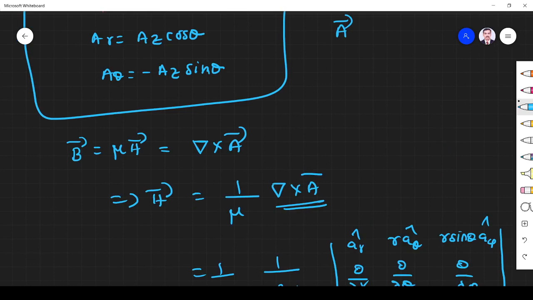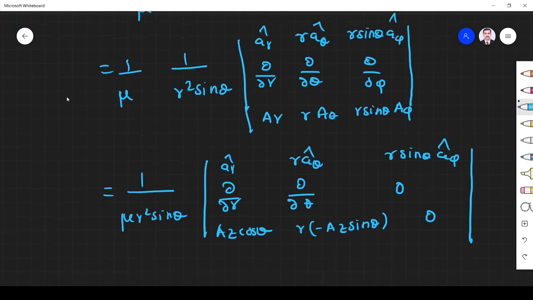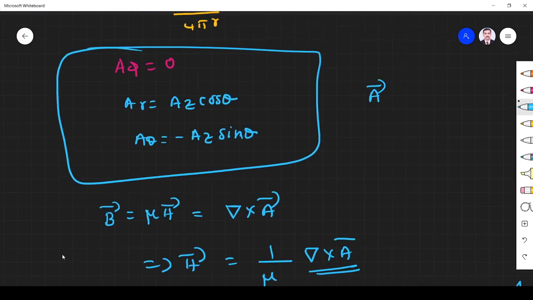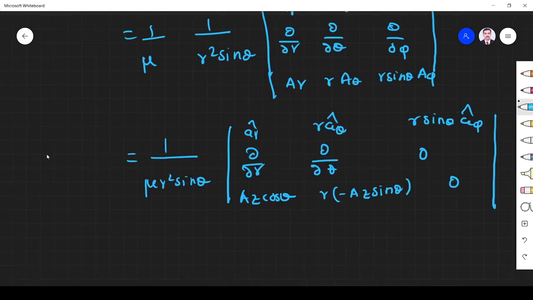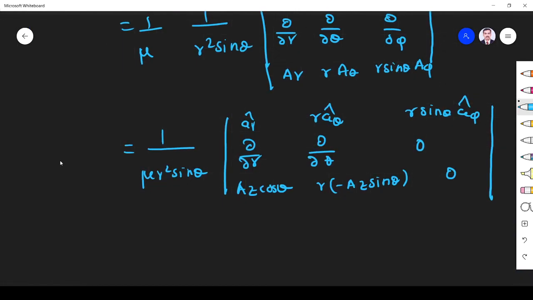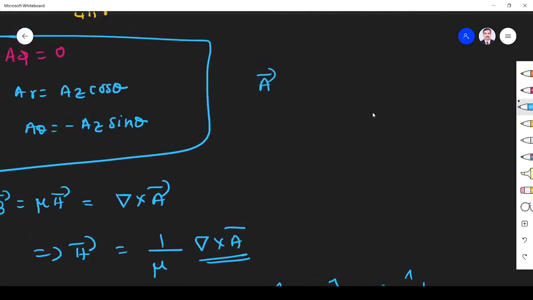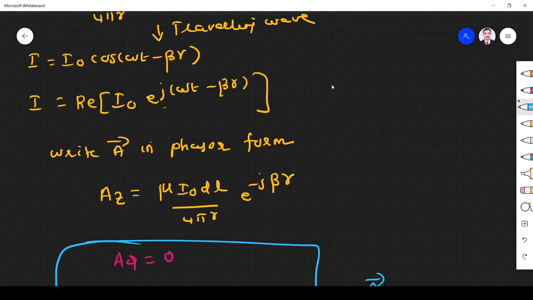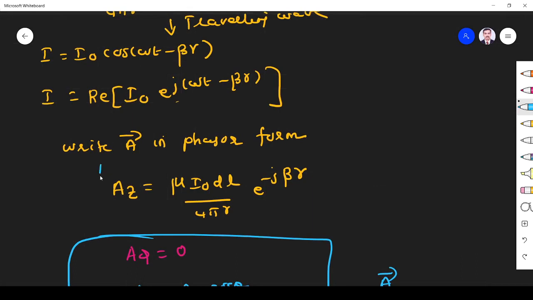AR is AZ cos theta, A theta is minus AZ sin theta, A phi is 0. Now, what is the AZ value? The AZ value is very, very important. You see, this is our AZ.